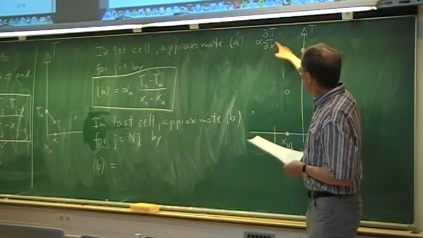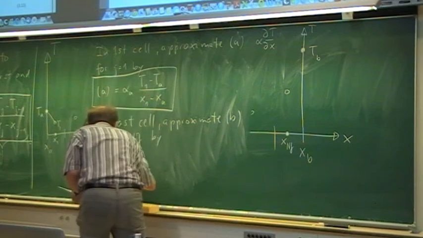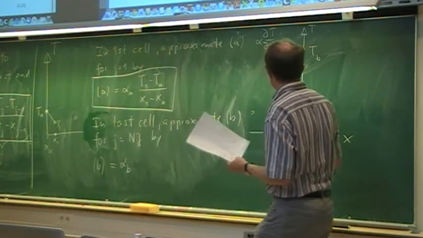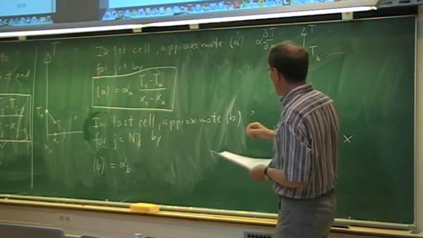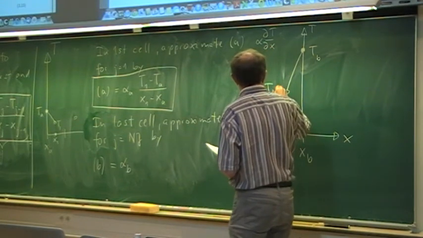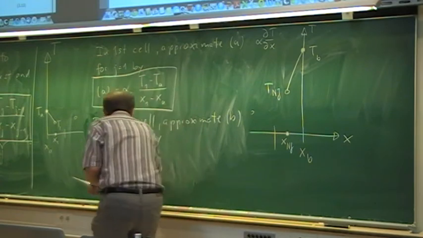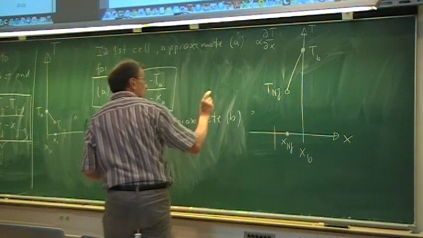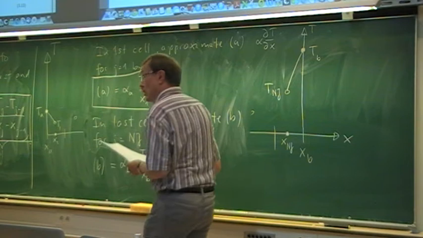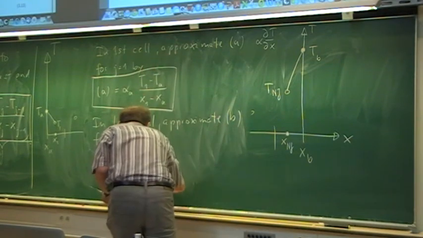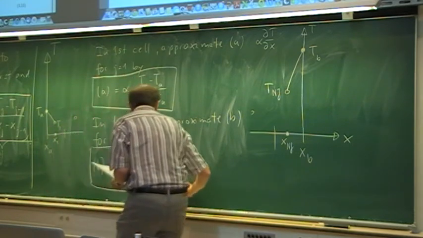We want to compute alpha dT/dx at the right boundary. We have TB, so we can compute the alpha there. The alpha B is then the alpha of TB. So that is exact, no problem. The derivative, we do a similar thing as we discussed for the first cell. We use the value TNj and the boundary value. And the derivative approximation is then using the difference approximation TB minus TNj divided by the right boundary location XB minus the midpoint in the cell Nj. So then we use this in the last cell.